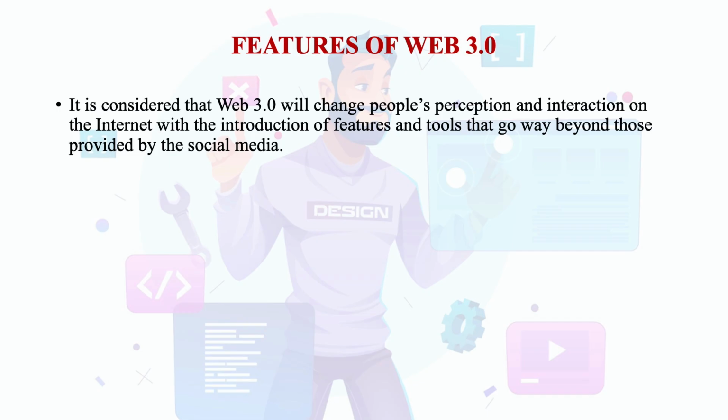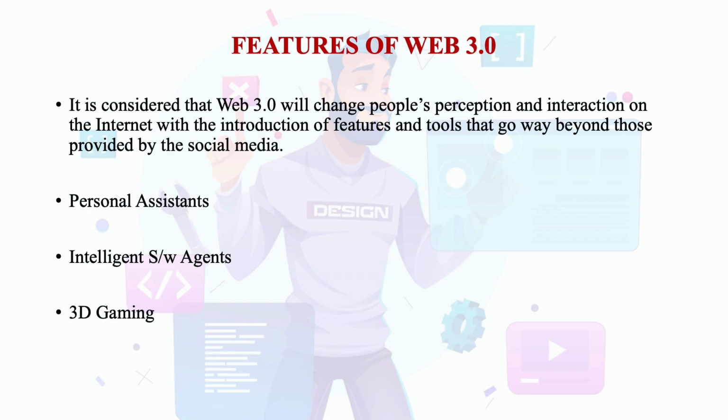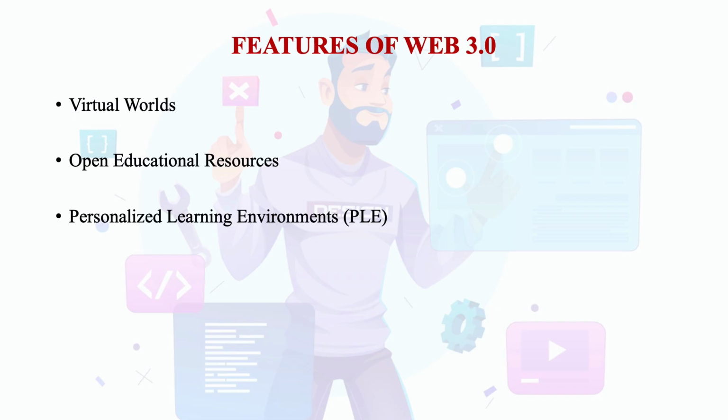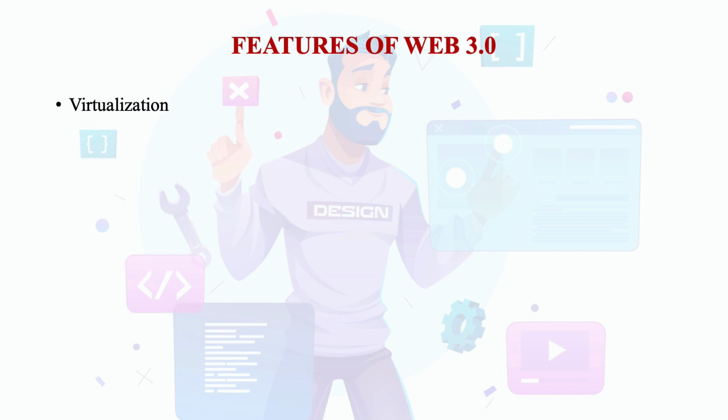It will be using personal assistants, intelligent software agents, 3D gaming, virtual worlds, open educational resources, personalized learning environments, or you can call them PLE, visualization, better knowledge management, virtualization, interoperability, and maybe several more.